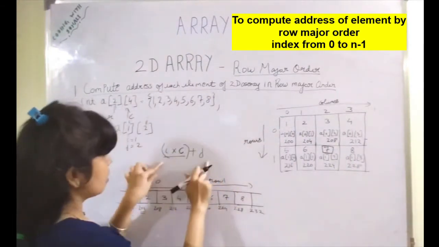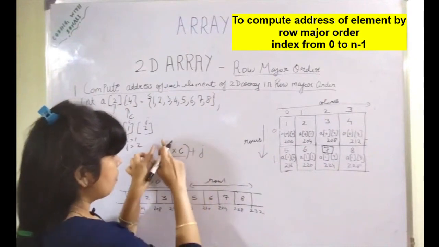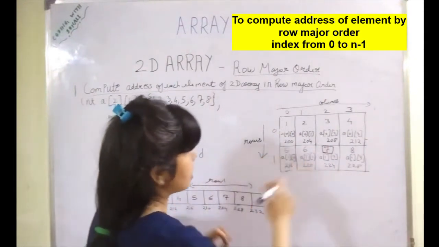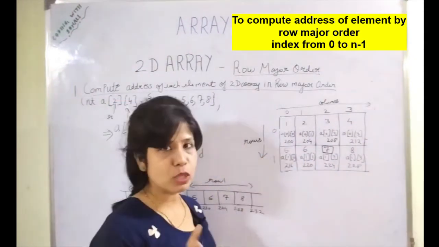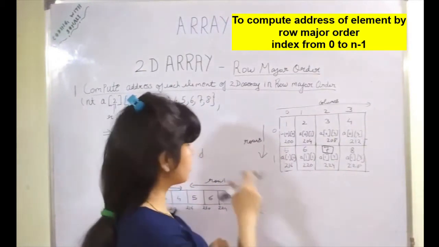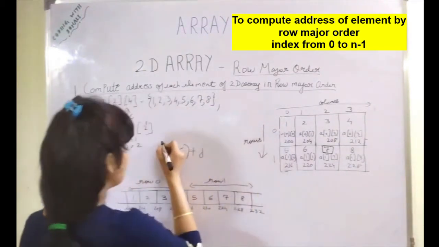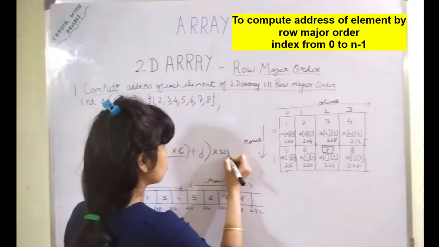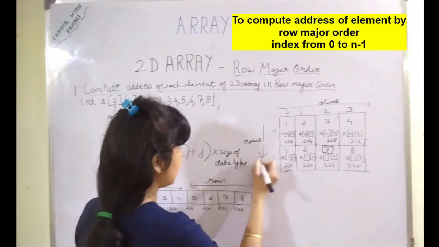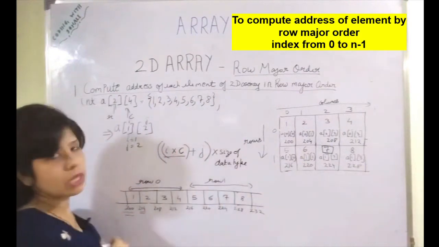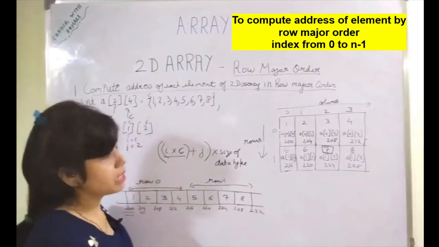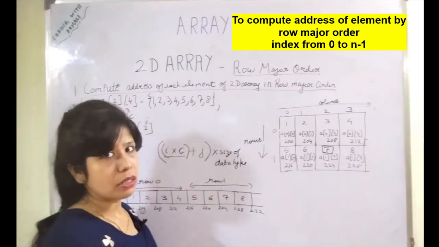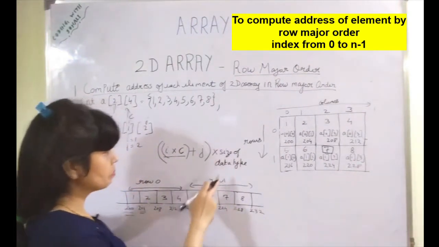I got this formula. I have to calculate in number of bytes. It takes 4 bytes in memory since it's an integer. So I will multiply the whole expression by the size of the integer data type, which is 4. If it had been a character, the byte size would have been 1.